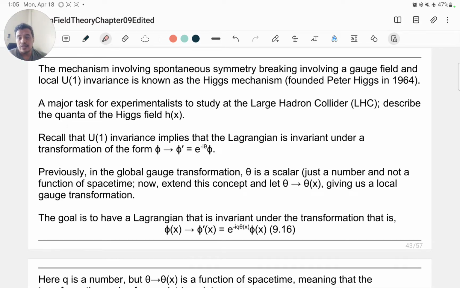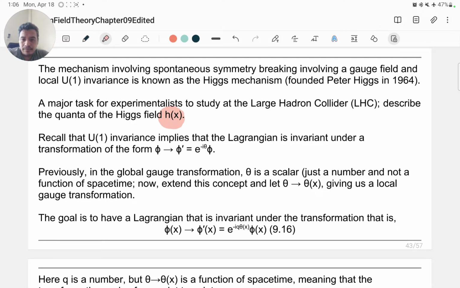But he was awarded later for the recent discovery of the particle, the God particle, Higgs, in the 2010s. So of course, the Large Hadron Collider discovered the Higgs-like particle, which is just the quanta of the Higgs field. In this discussion, symbolized by the h(x) field.